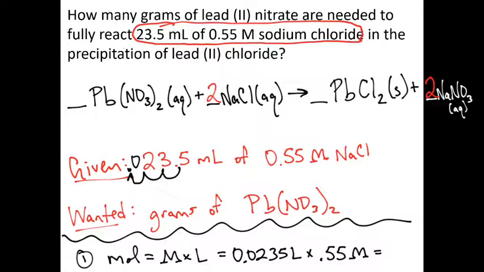So I've got 0.01, let's see, with sig figs. I need at least 2 sig figs. I'll carry a third until the end, so I'll call this 0.0129.